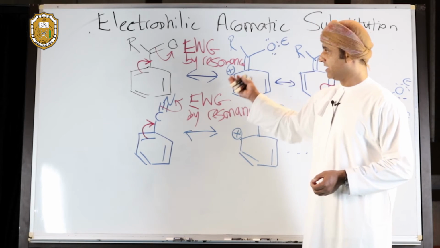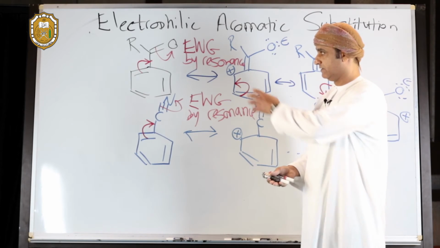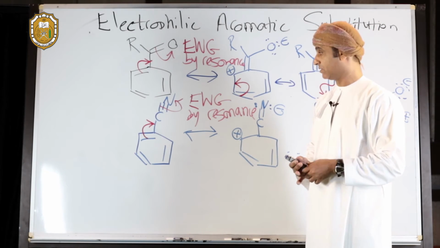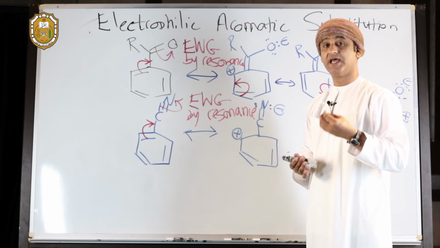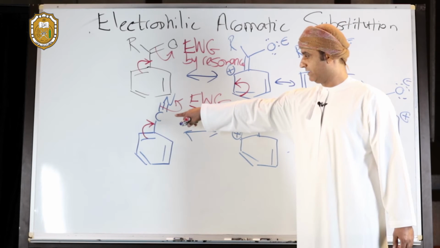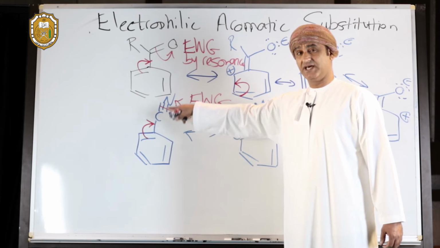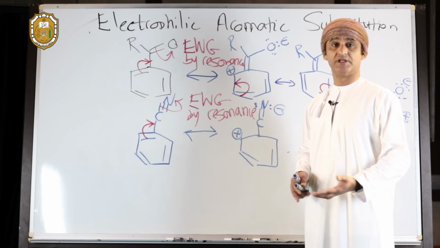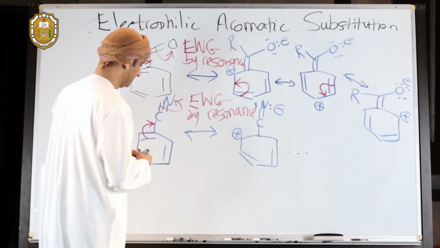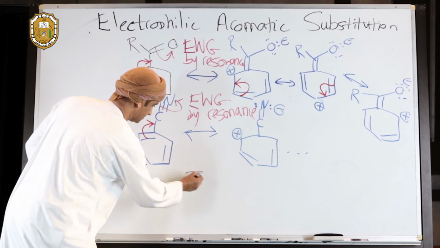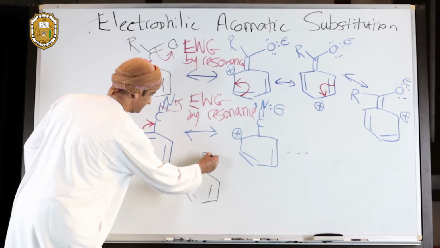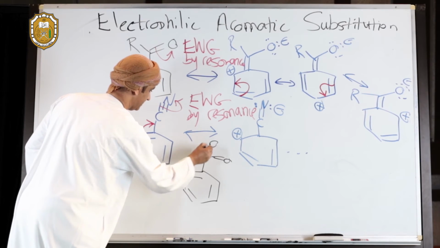Not only in nitrobenzene and in phenyl ketones, or benzene rings with an acyl group or a carbonyl group, or in cyanobenzene, but basically any benzene ring that has a double bond between the atom that's directly attached to the benzene and another atom. You take, for example, benzene sulfonic acid, just like an additional one. So this is benzene sulfonic acid, SO3H.